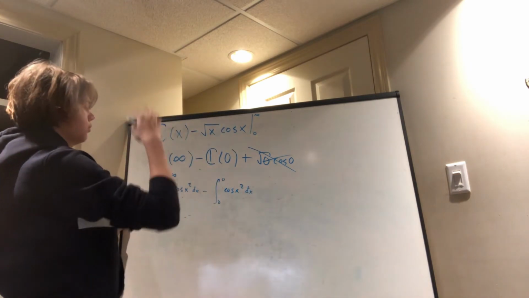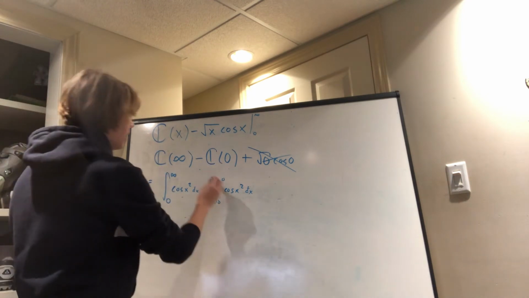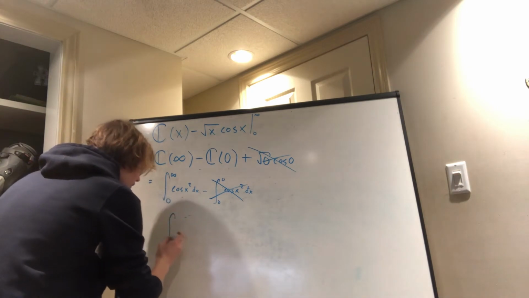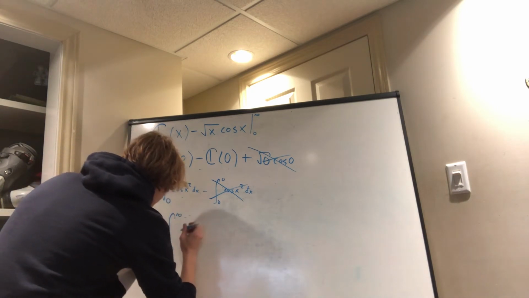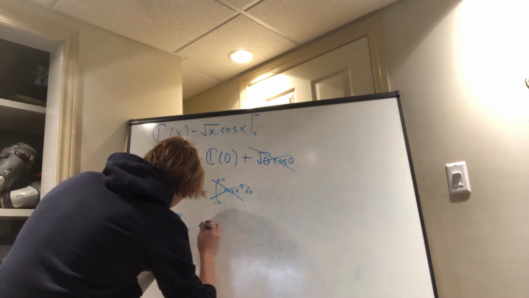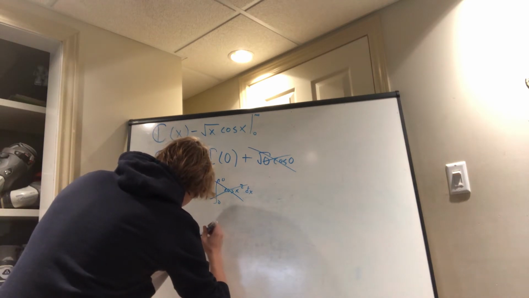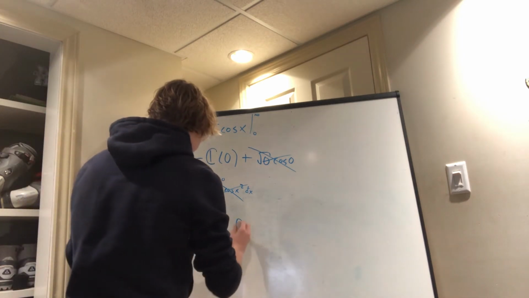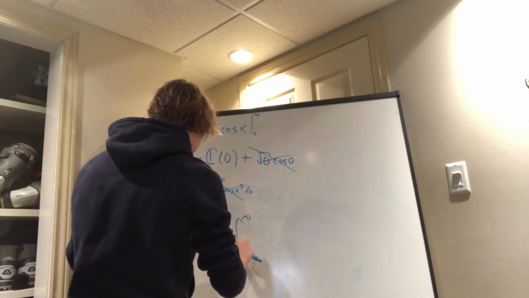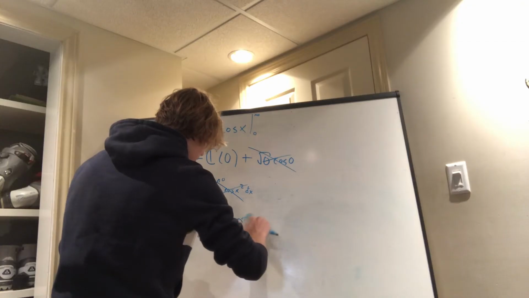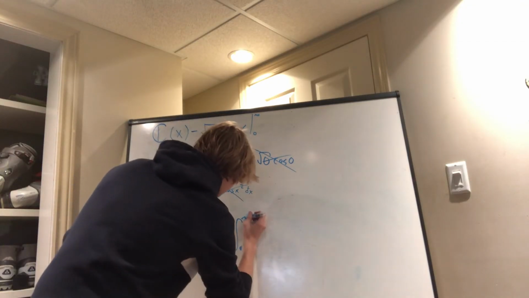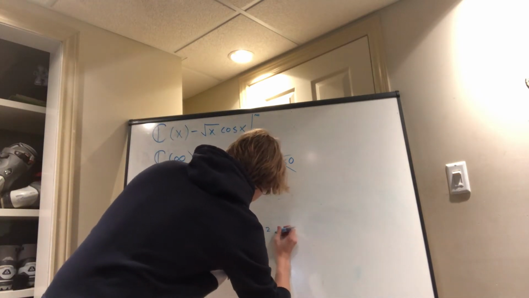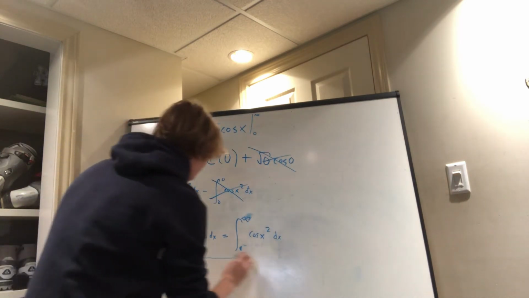And since this is the integral from a to a, we can cancel that out. And we've just proven that the integral from 0 to infinity of square root of x sine x dx equals the integral from 0 to infinity of cos x squared dx. And that'll help us a lot.